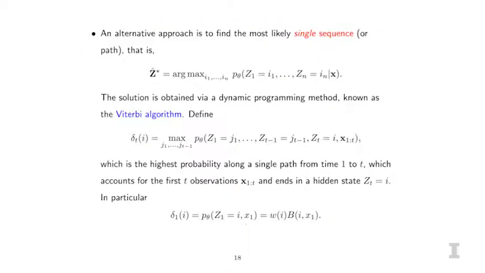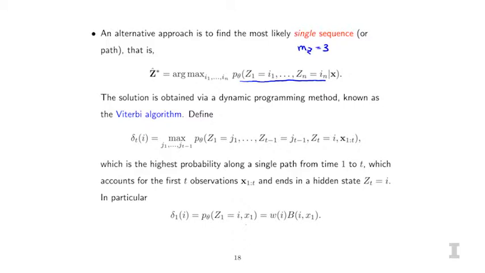So this leads to another solution for the latent states, which is to find the most likely single sequence. Given the parameter theta and conditioned on the data x1 through xn, we can find the joint distribution of z1 through zn. How many different sequences are we talking about? Suppose mz is equal to 3, so we have 3 latent states.